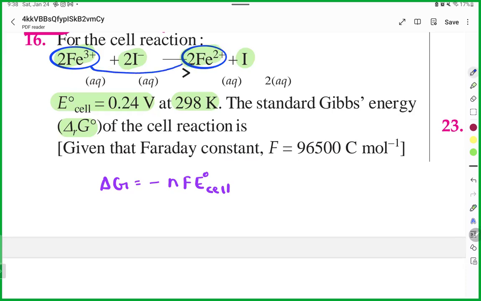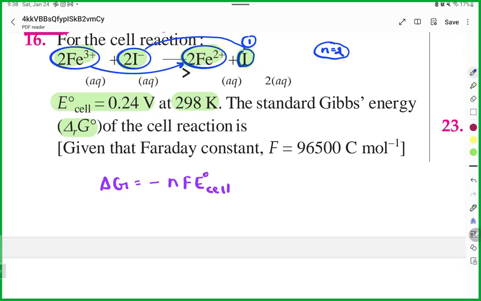Yes, sir. So this is reduction, 1 electron gain, and I negative converts into I, so there is again a difference of 1. So n value should be 1? Answer is no. Why? For one atom, one electron difference. For two atoms, two electron difference. Ultimately, two electrons are transferred. That's why n value will be 2.